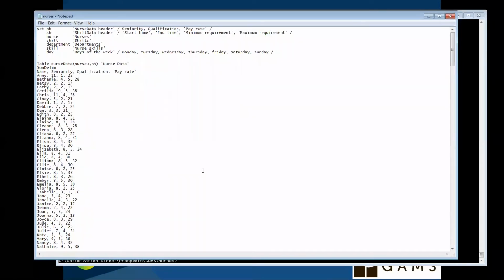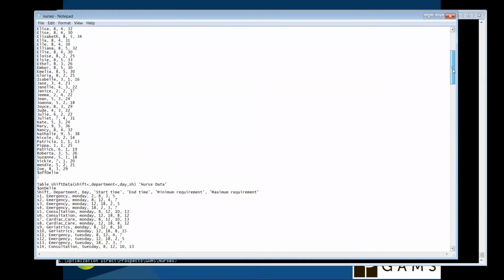Okay, to begin with, as is the case with most demonstration models, we start off by declaring some data. We've got data items for each nurse: their name, how senior they are, how qualified they are, how much I have to pay them, and that sort of thing. We've got data relating to what they're going to be doing each day of the week, and what shifts need to be filled.